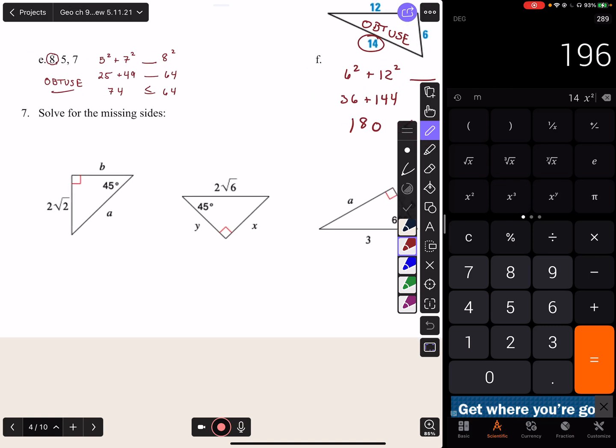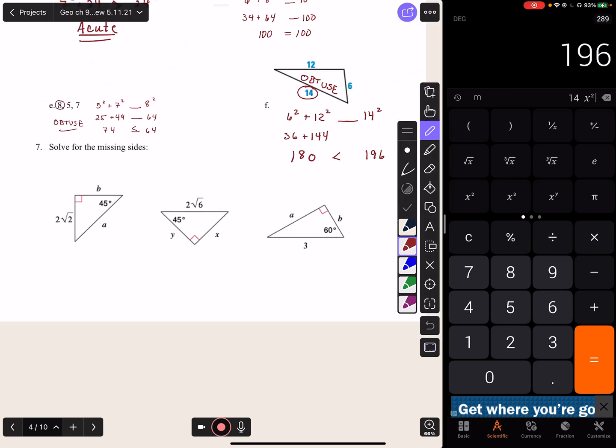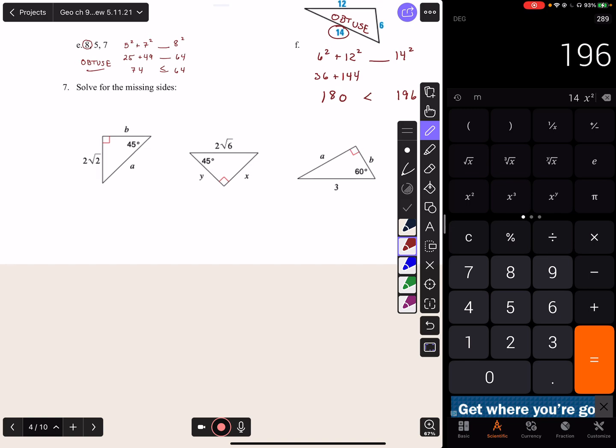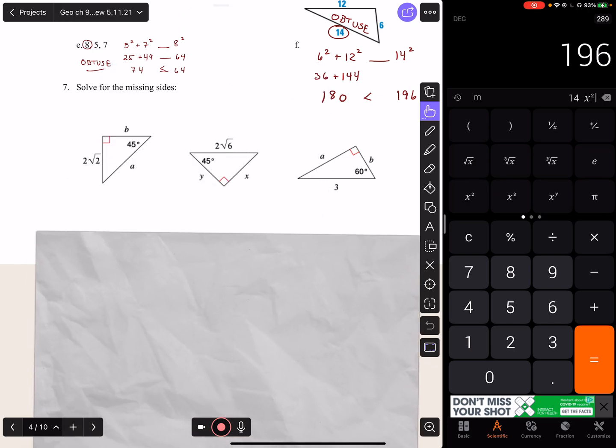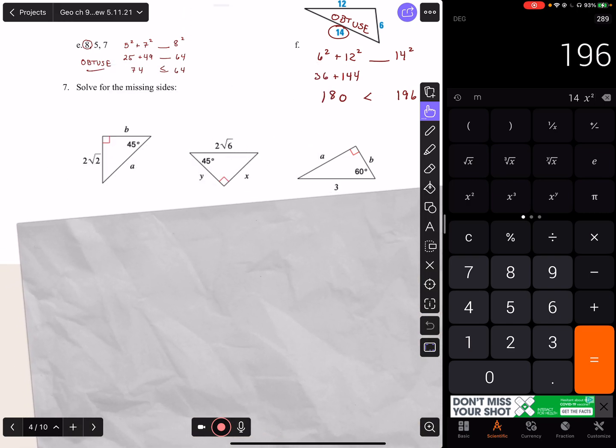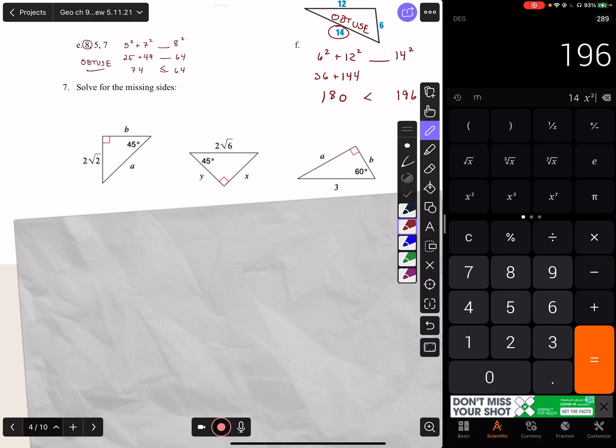Number 7, solve for the missing sides. Just to review this really quickly, let's throw in a piece of paper here. Turn it sideways. We've got two triangles that we had to memorize. The first one we memorized was the 45, 45, 90.